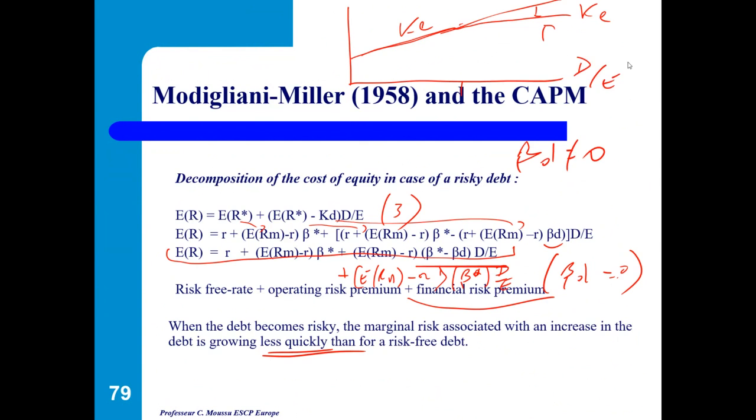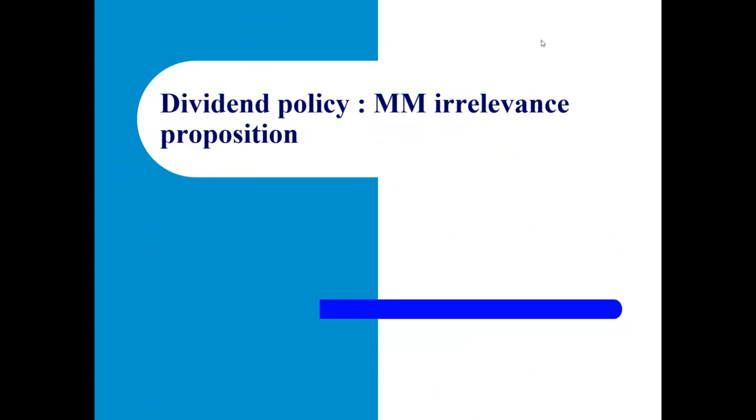This is extremely counterintuitive, as I said yesterday: when the debt is risk-free, you have a linear increase in the cost of equity, and when the debt becomes risky, the risk of shareholders is increasing less, which is correct. That's the way it is, just because you split the risk with the debt holders. So I'm not going back on that.